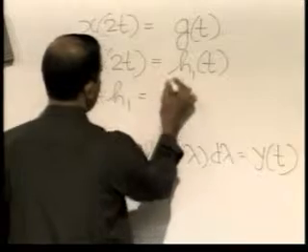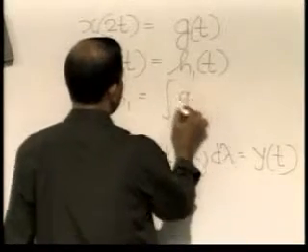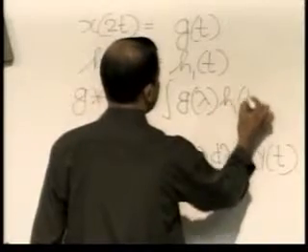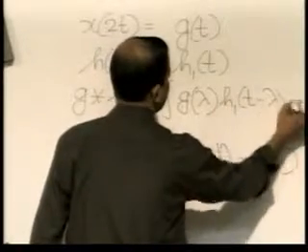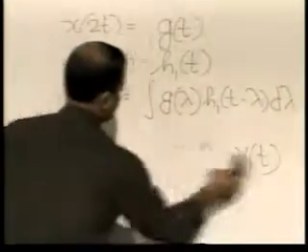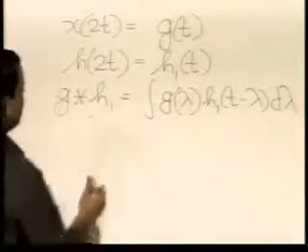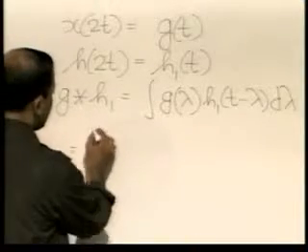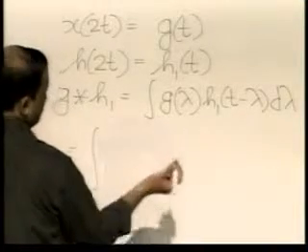So that is integral g(lambda) h1(t minus lambda) d lambda. Now what is g(lambda)? g(lambda) is x(2 lambda).